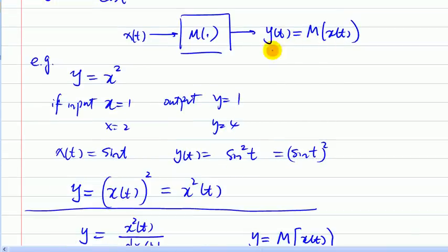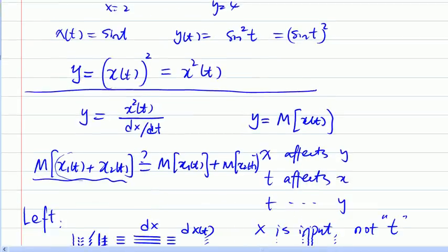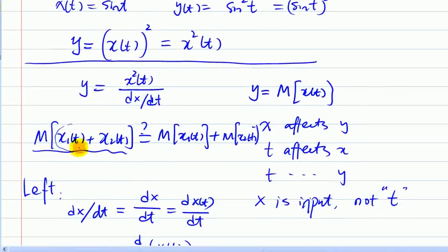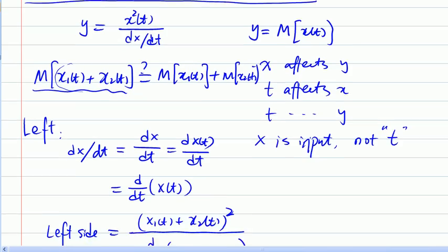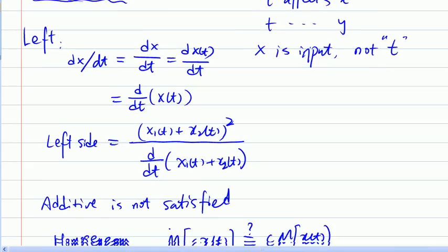And output, y of t, is a function of x, by the expression of the system, m of x of t. So output is a function of x. The next thing is, of course, remember what to replace. And a similar idea will apply to time invariant and time varying systems.